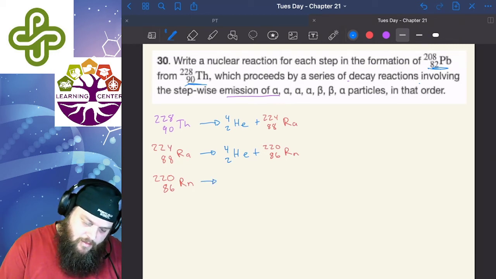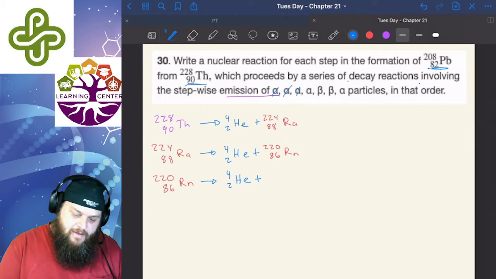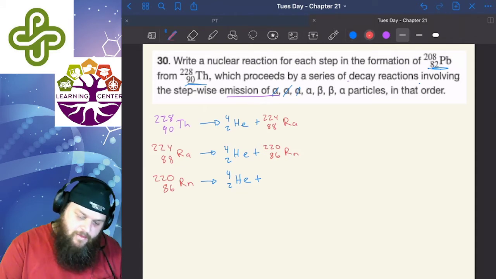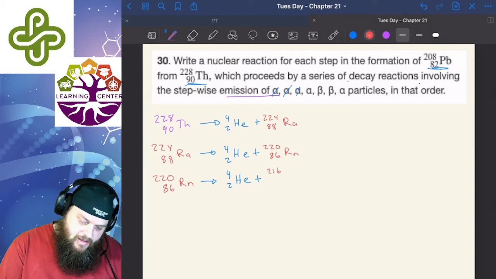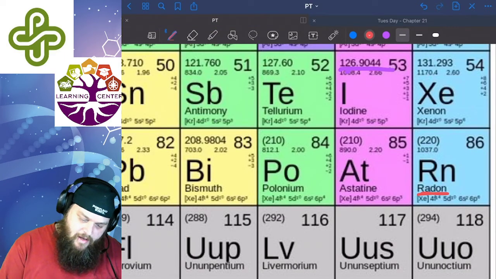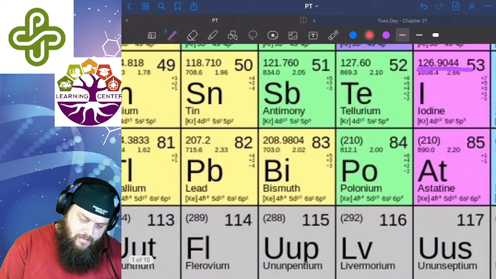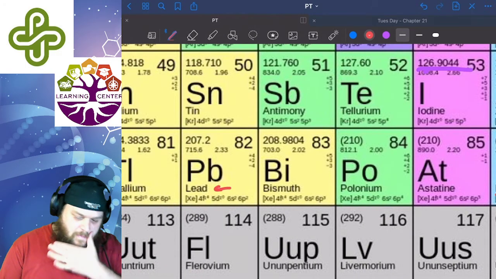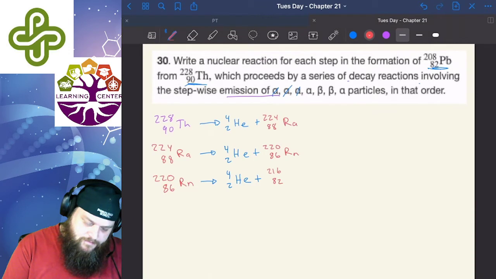And so we've done 2. I'm going to cross them off when I'm done with them, so I keep track of what's going on. 2 alpha decays. We're on a 3rd alpha decay now. That's going to be 216 and 82. So hopping over here, 82 is lead. I didn't do... That was minus 2.